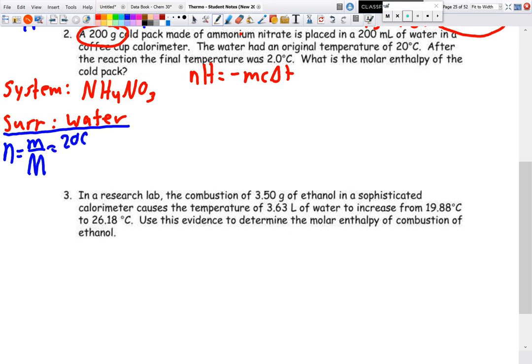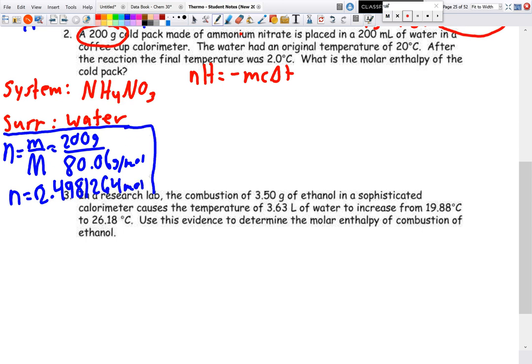We have our 200 grams divided by the molar mass of ammonium nitrate, NH4NO3, which is 80.06 grams per mole. And we got n is equal to 2.4981264 moles. So we're going to use that number for n.